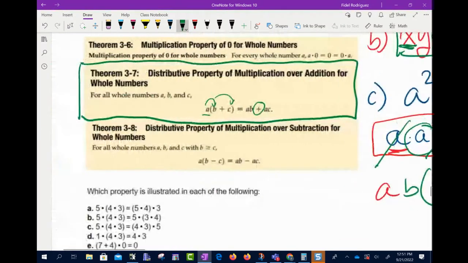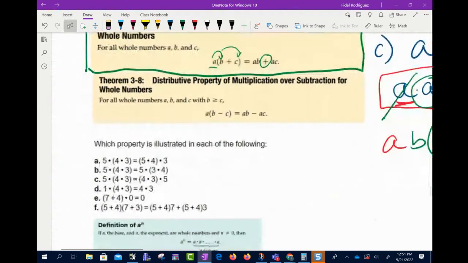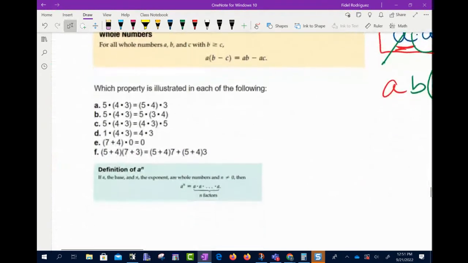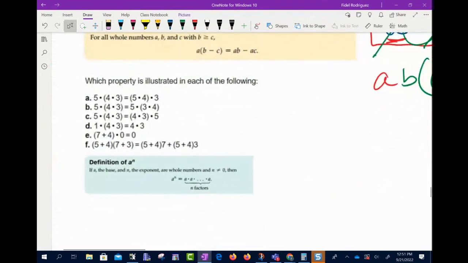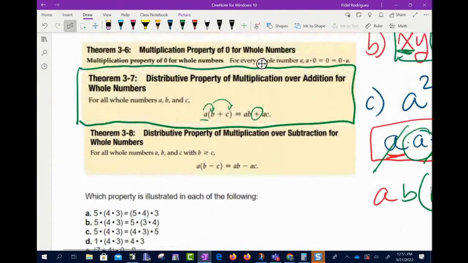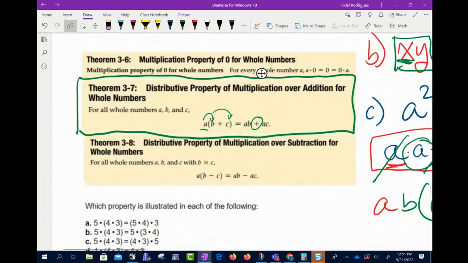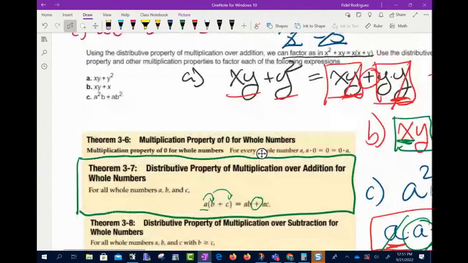Okay. All right. So for the next problem I have here, y'all, we're just looking to see which property is illustrated in each of the following. What I mean is, which property are we using? Are we using the distributive property? Are we using the multiplication of 0?